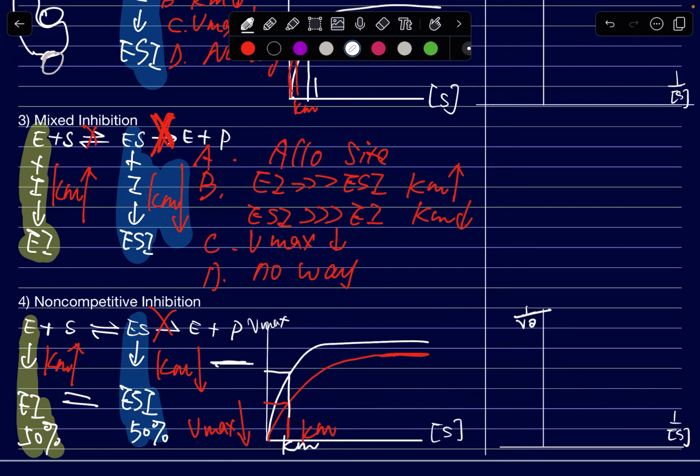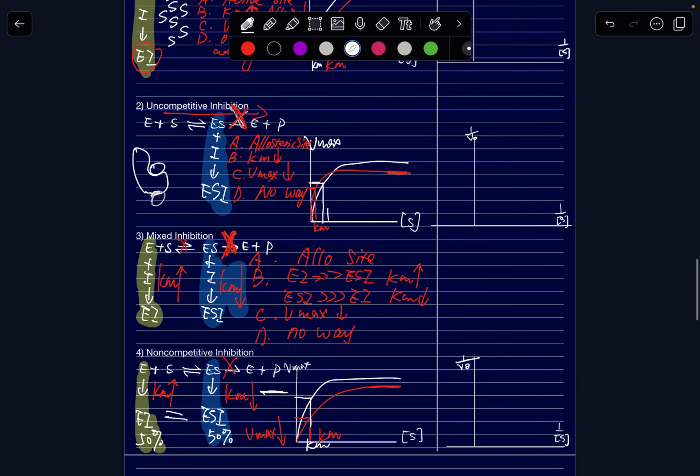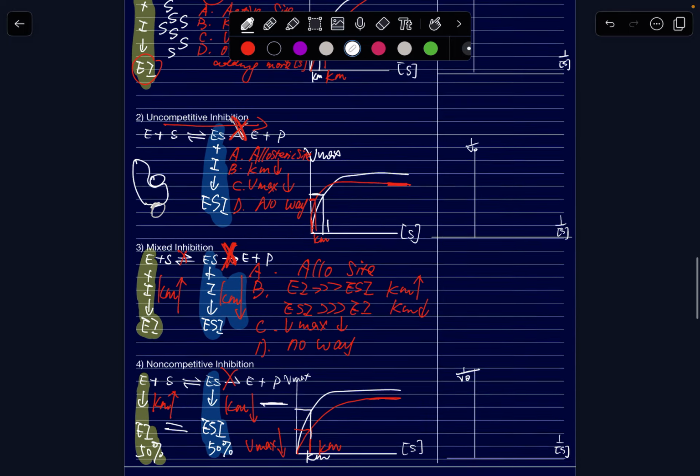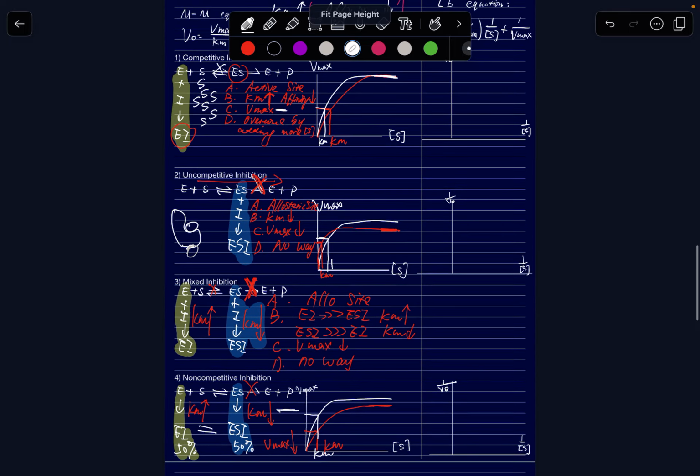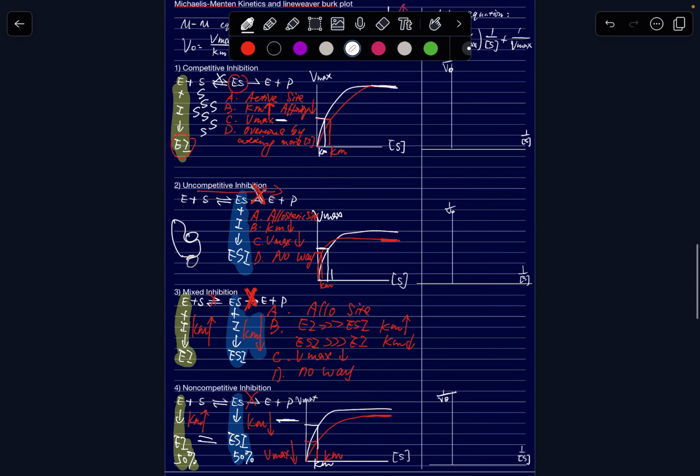But a lowered Vmax. All right, so that's the 4 cases of inhibition, okay? You just really want to know how each inhibition affects the Km and Vmax, okay?